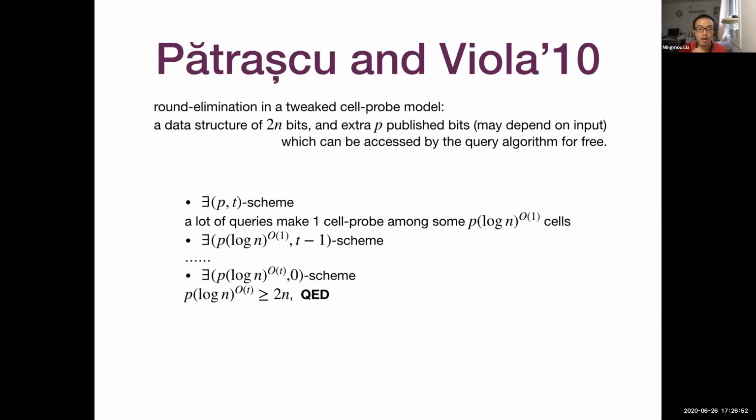Pătraşcu and Viola argue that for a data structure in this model, we can publish some cells to save one memory access for many queries. By recursively applying this argument, we obtain a data structure that uses some published bits, but doesn't access any memory cell. So the number of published bits in the final data structure can't be less than the information-theoretic lower bound.